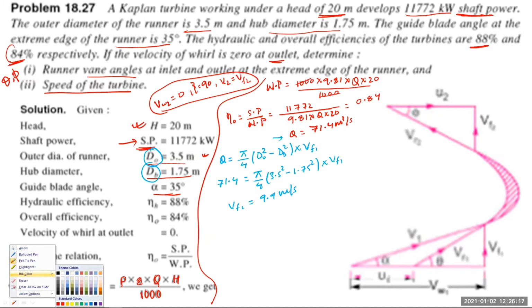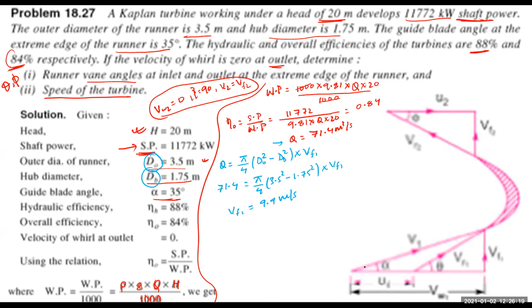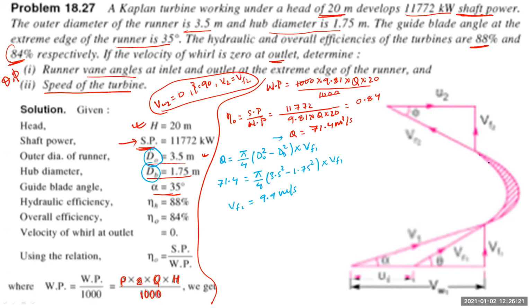Now, once we got this value, or prior to this also, you can draw your velocity triangle diagram. One curved blade is required. On the inlet side, the tangential line to this curved surface is your V1.